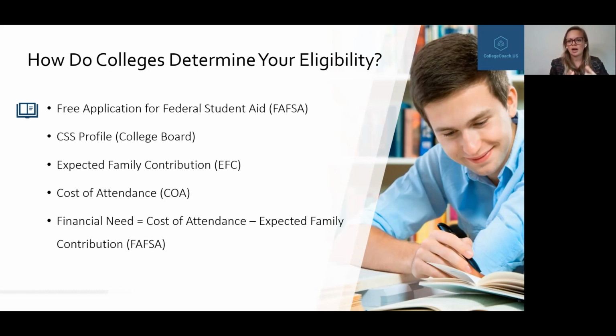And so they figure out your need based on all these factors. They take their own cost of attendance, subtract expected family contribution, and arrive at your financial need. And this financial need is how they determine how much money you're eligible to receive, whether it's from the government, from the state, or from the institution.